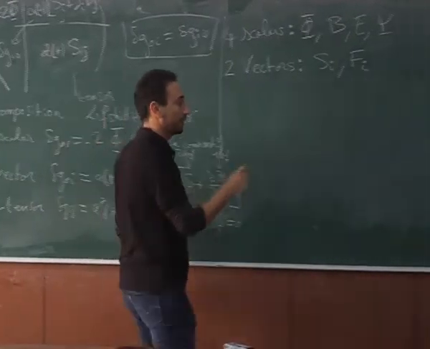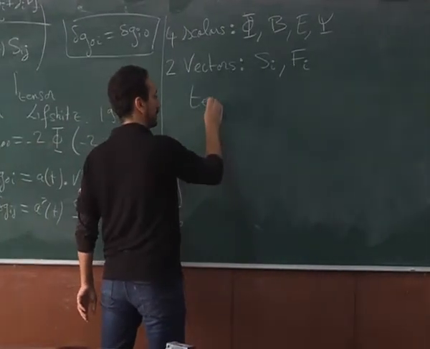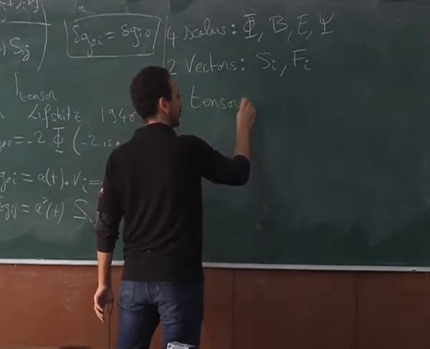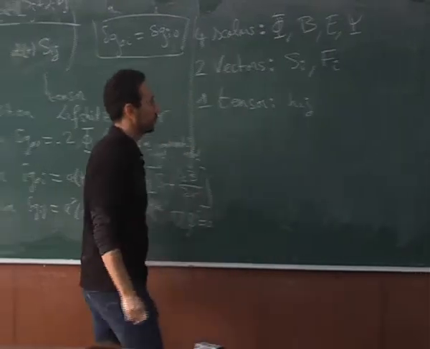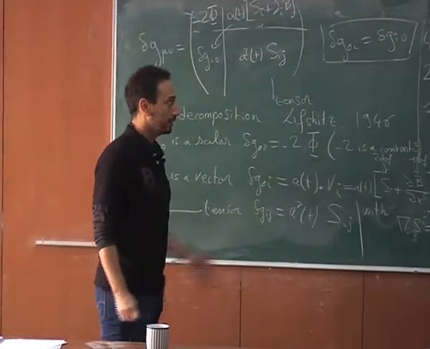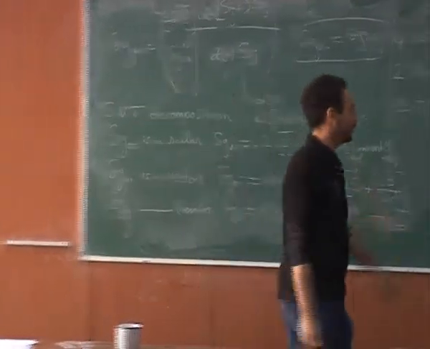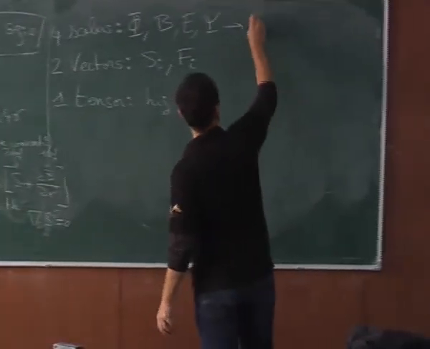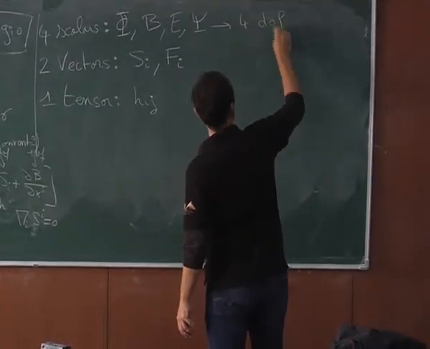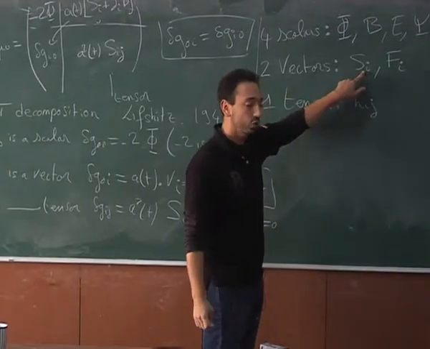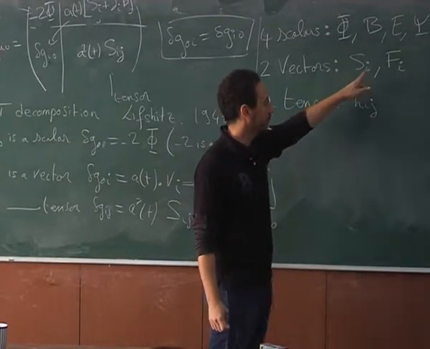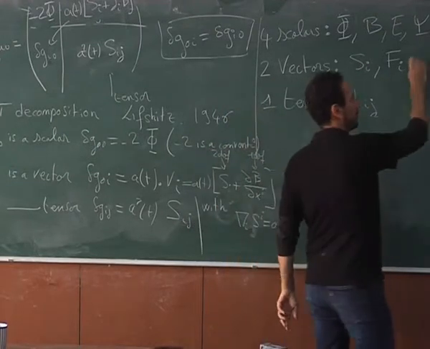And how many pure tensors? Just the one pure tensor, which is the Hij. So with this we have everything. The scalars, each one comes with 1 degree of freedom, so we have 4 degrees of freedom. The vectors, each one comes with 2 degrees of freedom, so 2 plus 2 is 4 degrees of freedom.